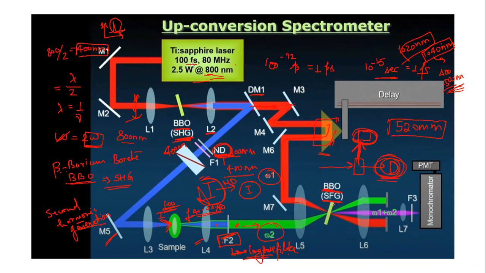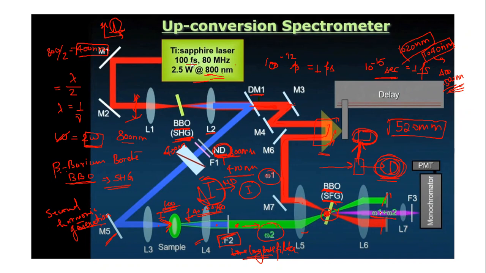Okay, and therefore these are merged by this SFG, and meanwhile the work this lens does is to converge the two at a single point in this SFG material, and therefore these generate a frequency which is omega 1 plus omega 2, which then passes through this slit, and after that they pass through a filter.